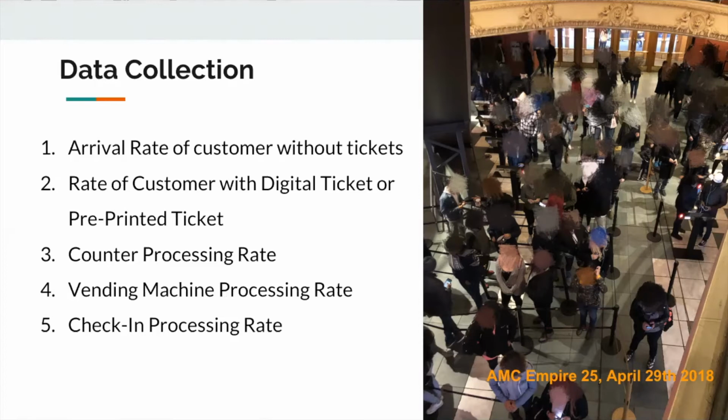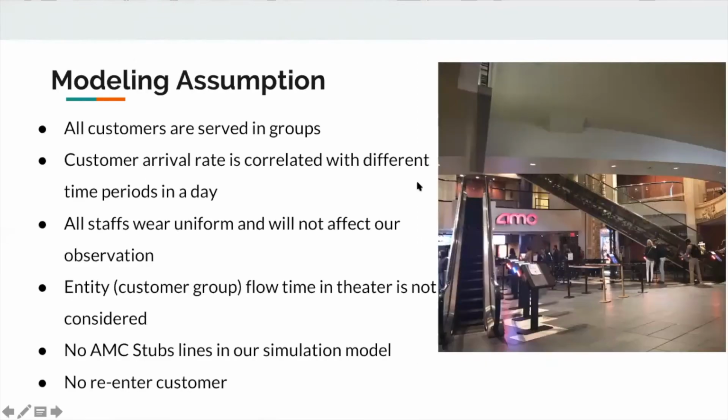Yuqian counted how many groups purchased tickets through the counter, and I counted how many groups purchased tickets at the vending machine. Our volunteer friend counted how many groups went through the check-in upstairs.